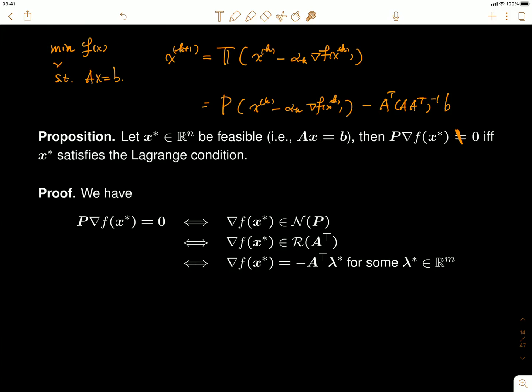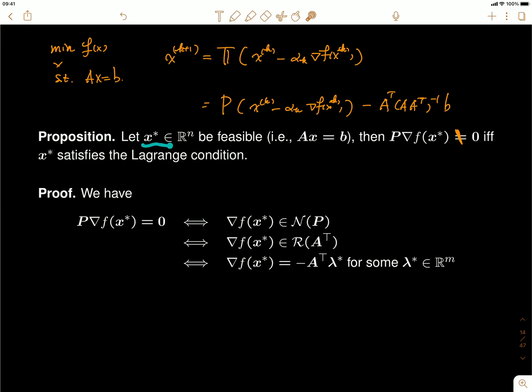The proposition says that a point x star satisfies the first order necessary condition, or the Lagrange condition, for this problem if and only if P times the gradient f at this point x star is zero.